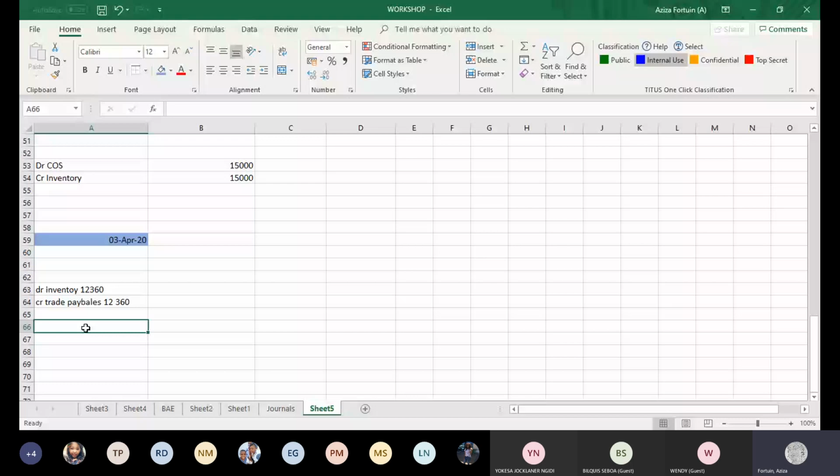Then they issued another 10 to production. You notice that they issued the 10 to production at 700. Why are they issuing the 10 at 700 and not at 720? Anybody?